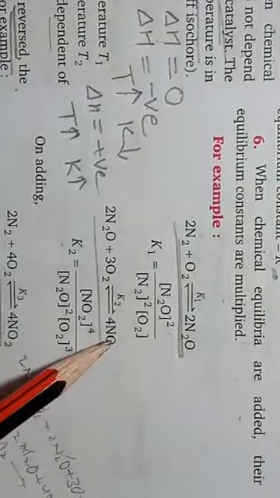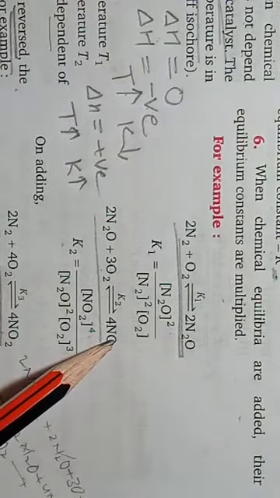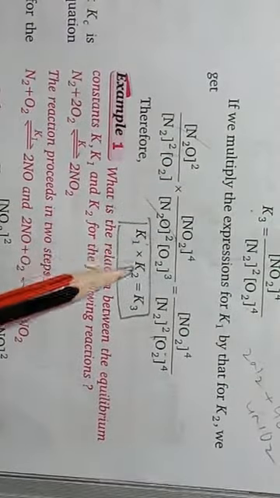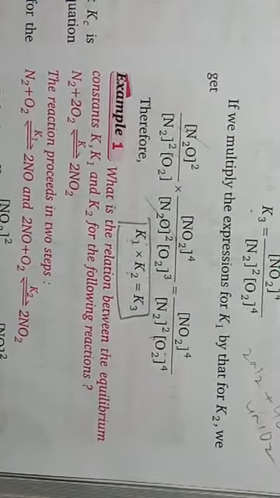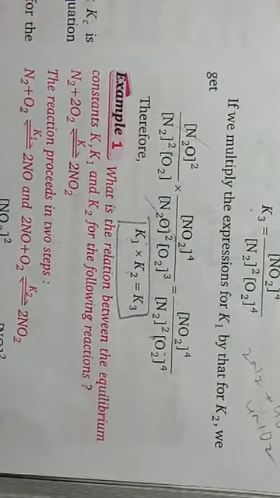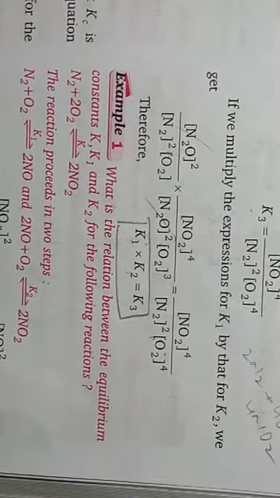So when we add two chemical equilibria, their equilibrium constants get multiplied. Okay students, so these are the characteristics of the equilibrium constant.